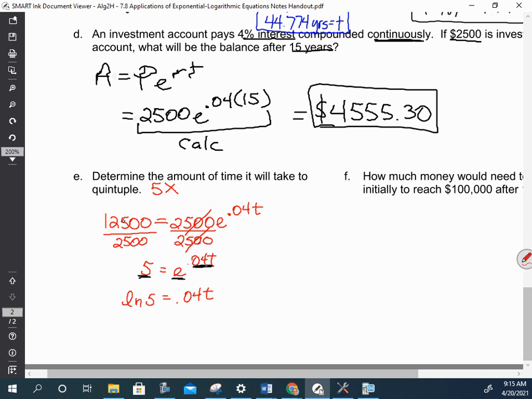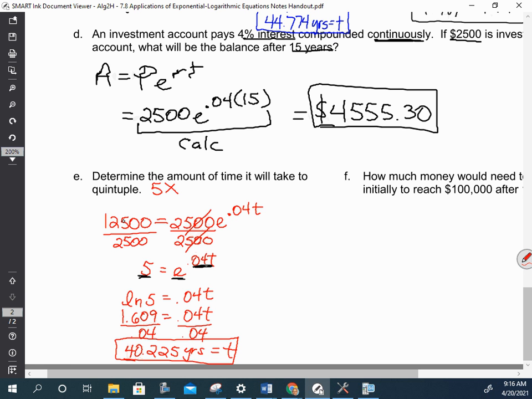Let the calculator do a little bit of work. Natural log of 5 is 1.609. And divide by 0.04. So 40.225 years. So you save yourself about 4 years.